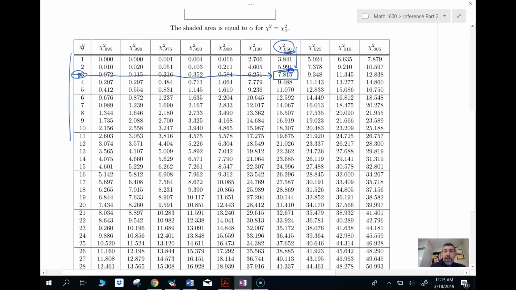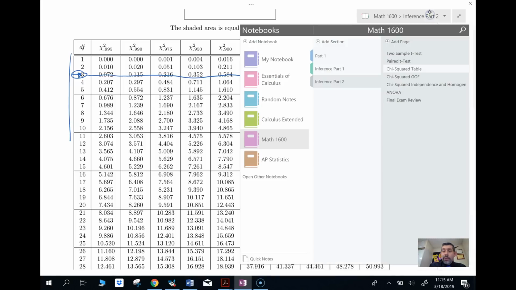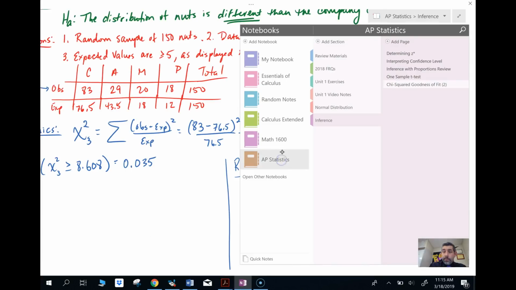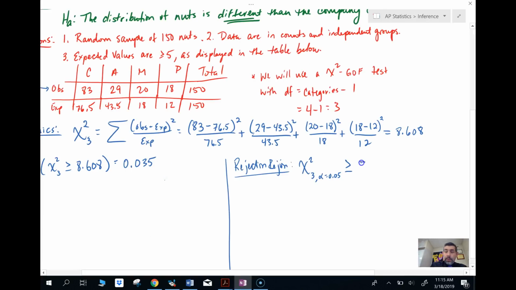That's the minimum value of a chi-squared to make us reject the null. We're going to write that in now: 7.815. So this is the minimum value. If our chi-squared value is bigger than that, then we're going to reject the null.